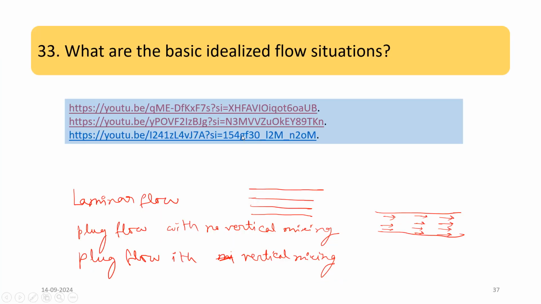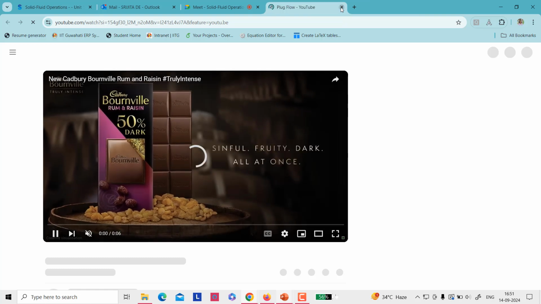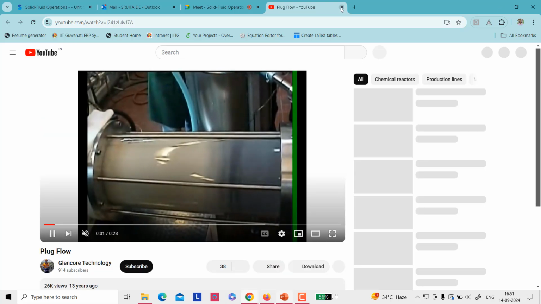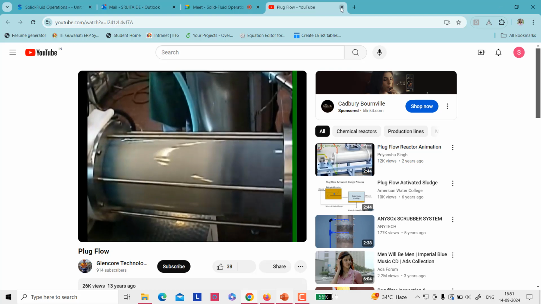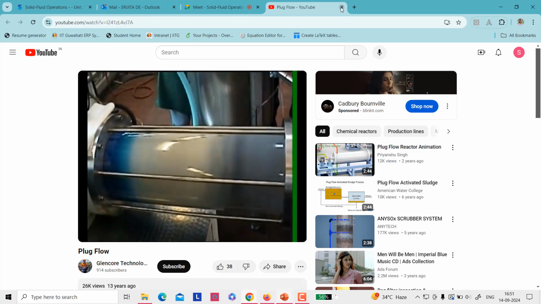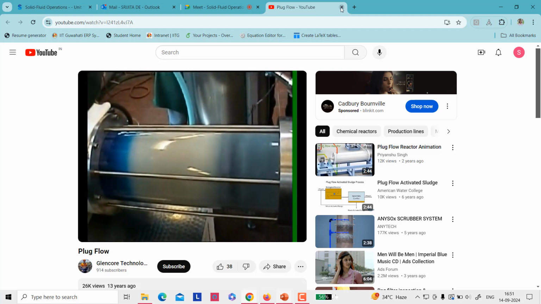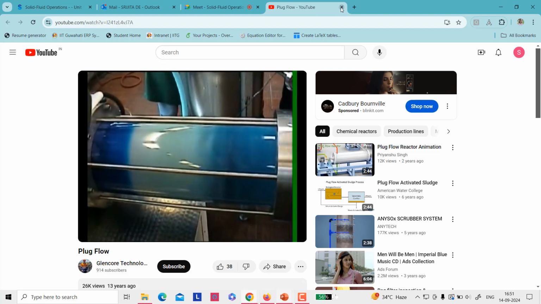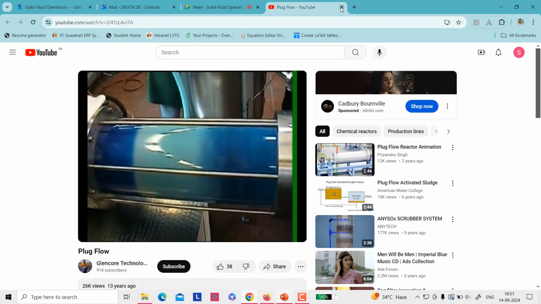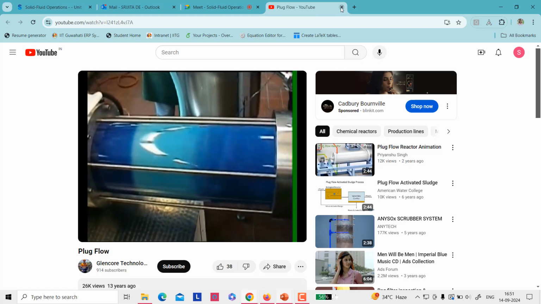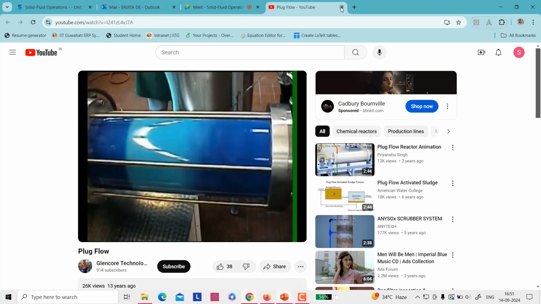Next one is the plug flow with vertical mixing. You can see there is mixing in the vertical direction but not radial direction, right? So this is the plug flow with vertical mixing.